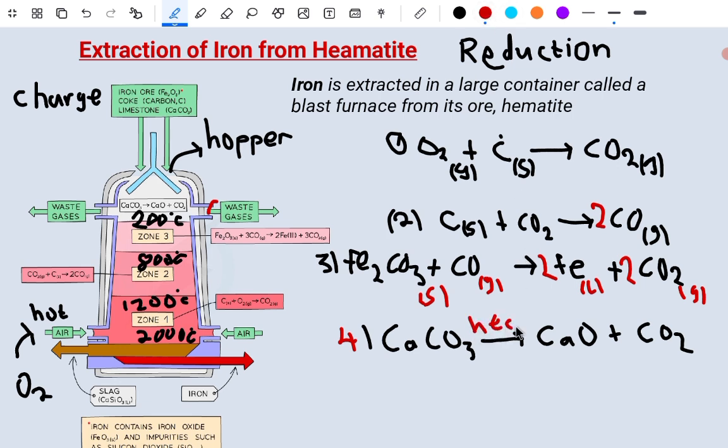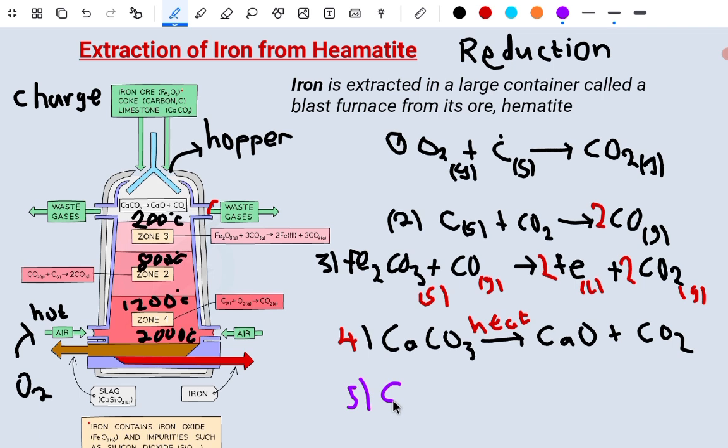Now remember I said these things they have sand. So the last reaction that will take place now is the reaction where calcium oxide reacts with the sand.